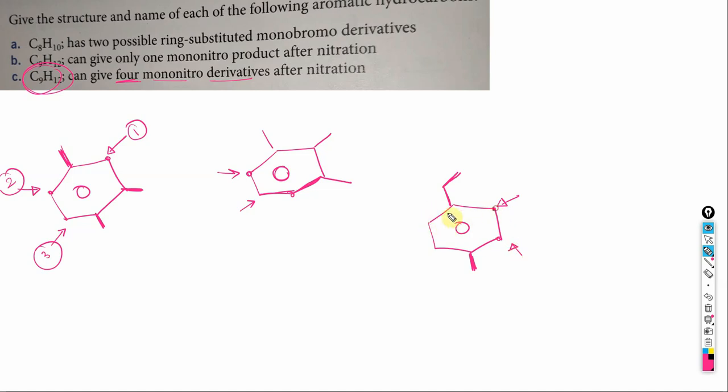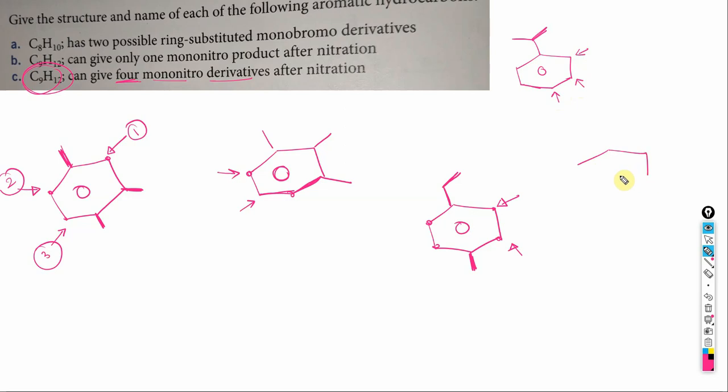Now this carbon and this carbon, they are the same. This carbon and this carbon, they are the same. Therefore, you don't have to worry about these 2 sides. So this is going to give you 2 different products. But we don't want 2, we want 4. Therefore, the next possibility that I'm going to try is, let's say we put a propyl, like an isopropyl, right? This is also going to be C9H12, but that again gives you only 3 possible different carbons in the molecule.